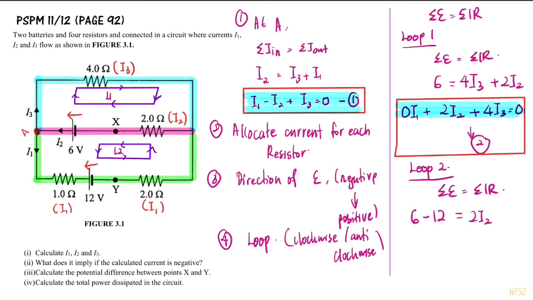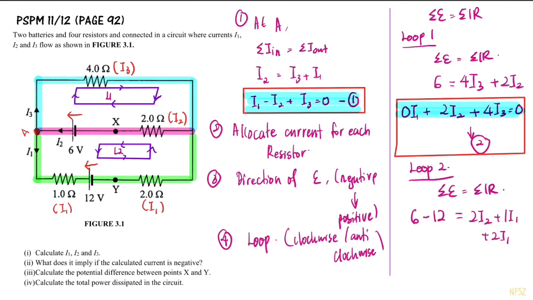So down here I1 sama dengan loop, so dia adalah tambah. So 1I1 tambah 2I1. Satu lagi trick dia, kalau I1 ni ada 2 resistor, yang ada I1 mesti kena tambah. Tak boleh 1I1 tolak 2I1, tak boleh, sebab current flow dia sama direction.